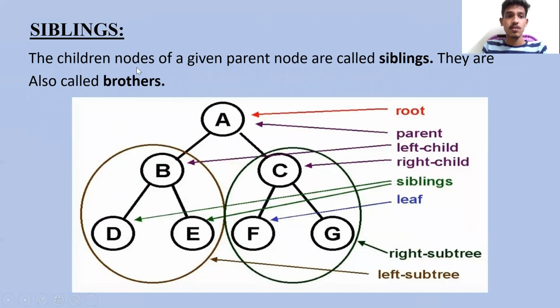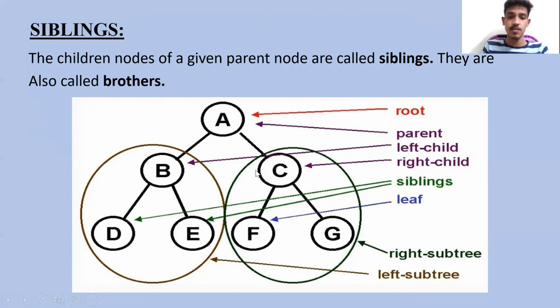Siblings. The children nodes of a given parent node are called siblings. They are also called brothers. So here in this picture, A is the root node and parent of B and C. So having a common parent makes them siblings, also called brothers. Here we can see A is the root node, parent, and B is the left child and C is the right child.